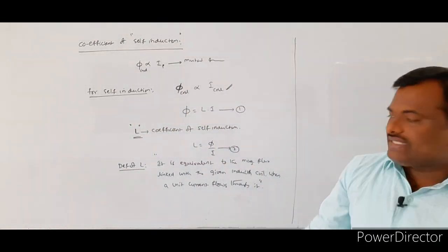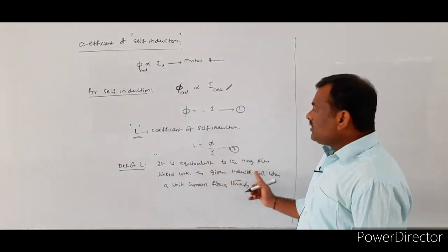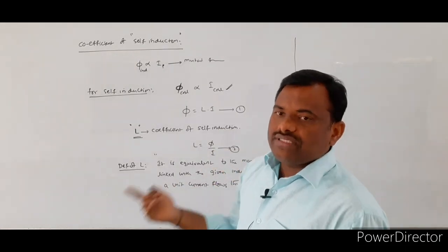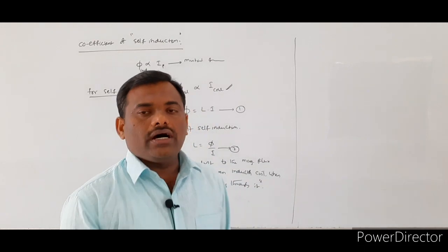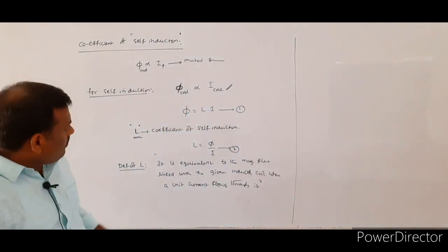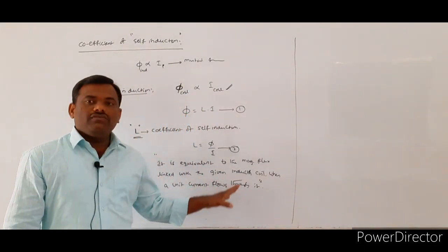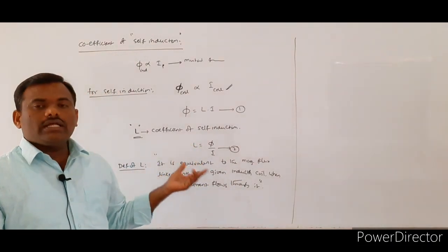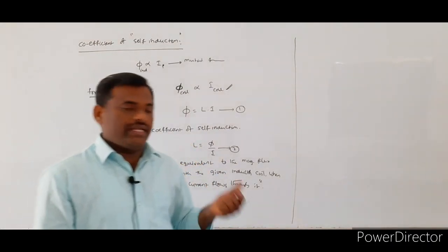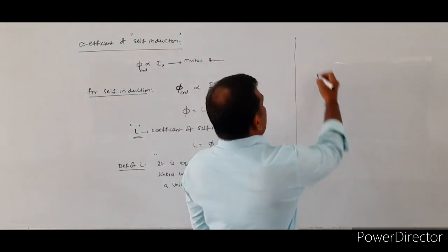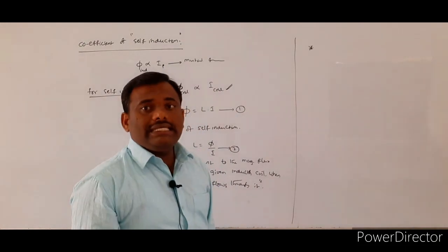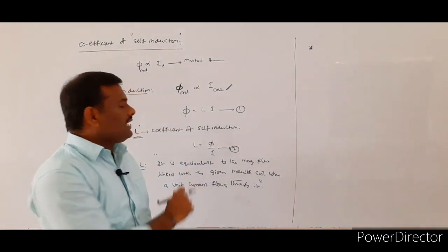Once again, it is equivalent to the magnetic flux which is linked with the given solenoid or inductor coil when a unit current is flowing through it. So that is called the coefficient of self-induction. Now, whenever there is a change in magnetic flux, an induced EMF is also produced within the given coil.